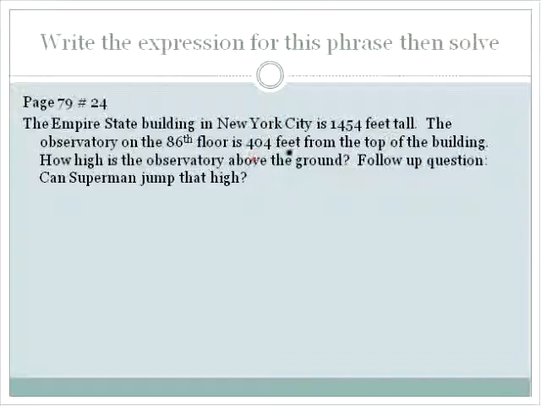Anyway, so we're going to start off with the first question. The Empire State Building in New York is 1,454 feet tall. What I like to do is to draw out this stuff.